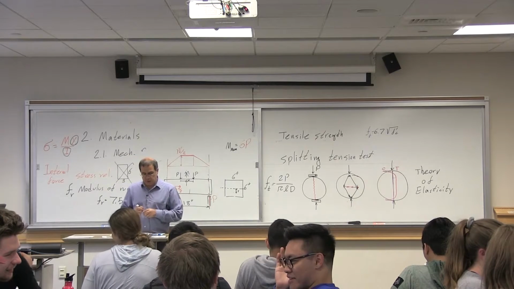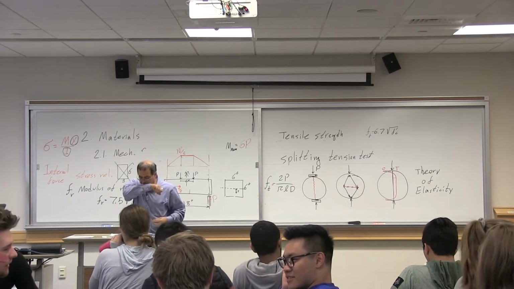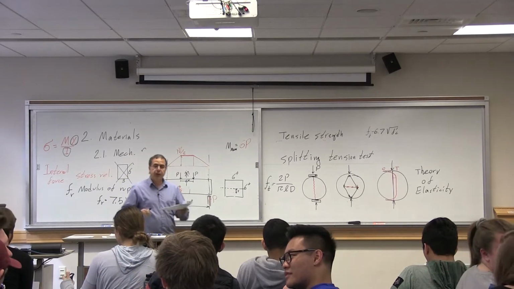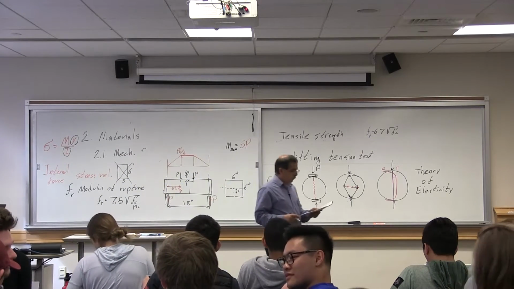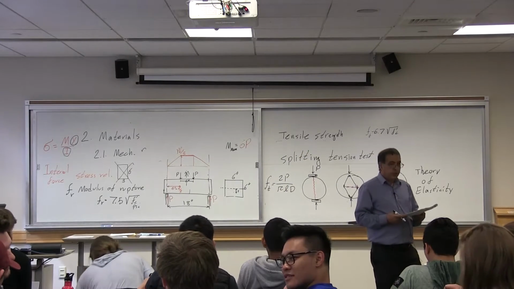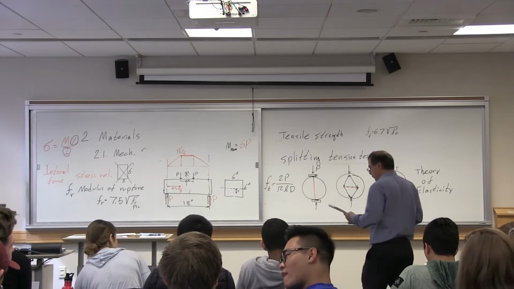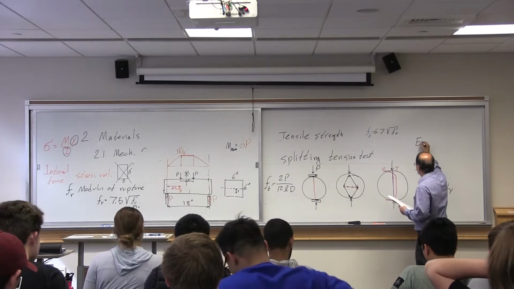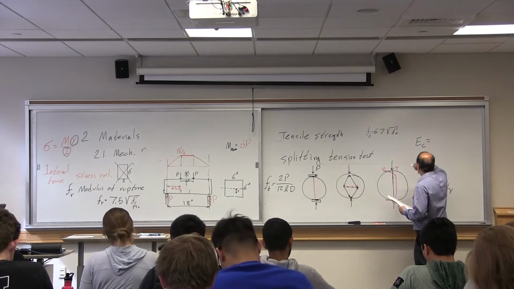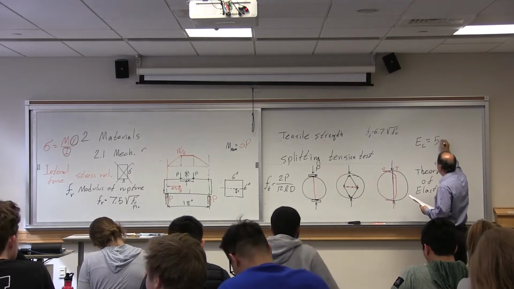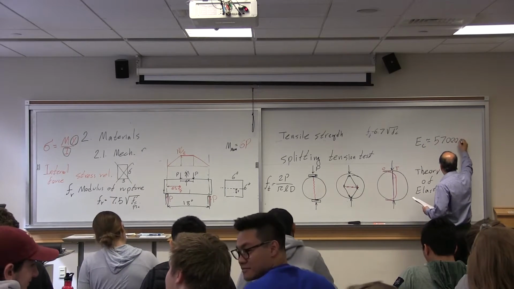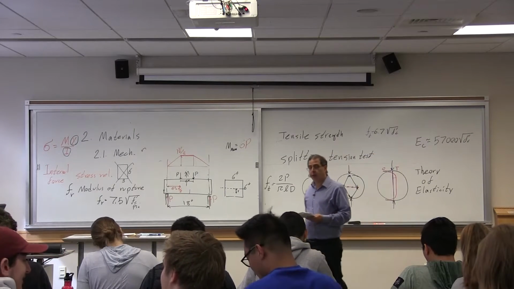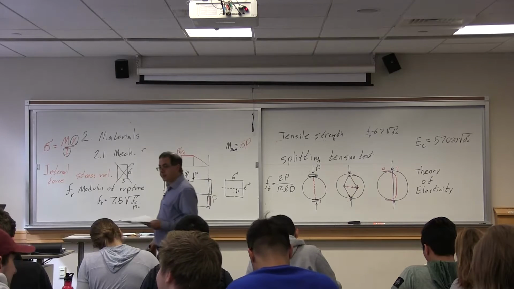Okay, why don't we continue? I noticed one equation I forgot to give you: E of C can be approximately calculated as 57,000 times the root of f prime c.